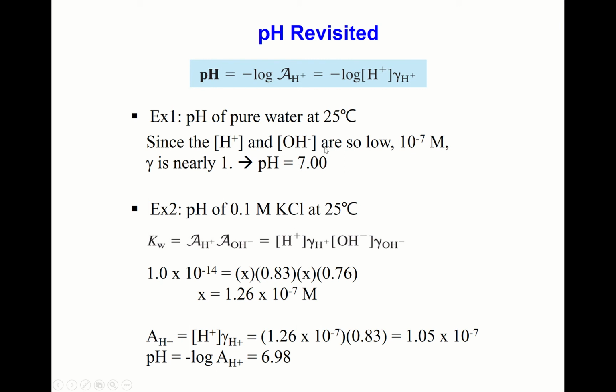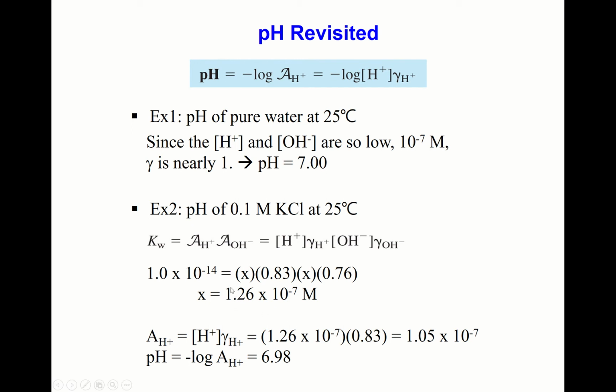But a problem arises when we consider the pH of this water when the salt potassium chloride dissolves, in a 0.1 molar potassium chloride solution. First we have to calculate the ionic strength of this solution.